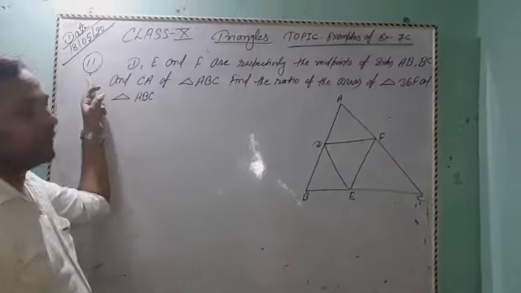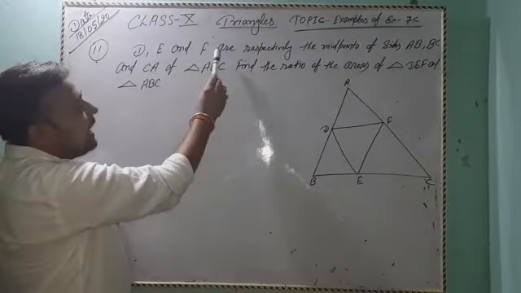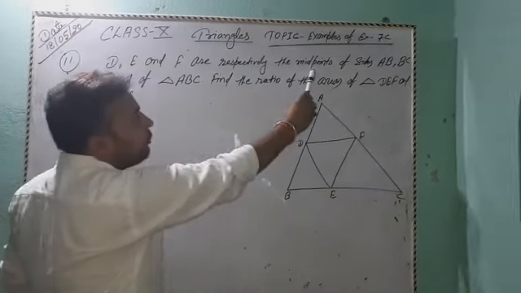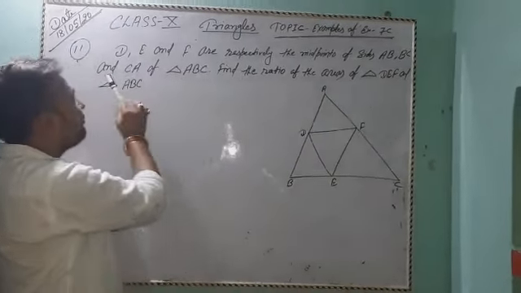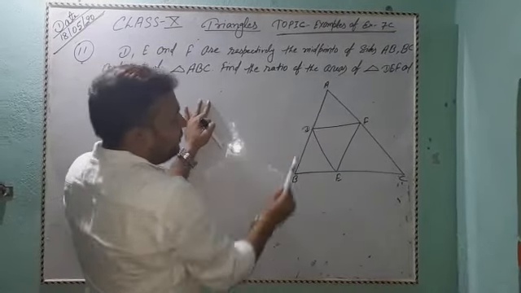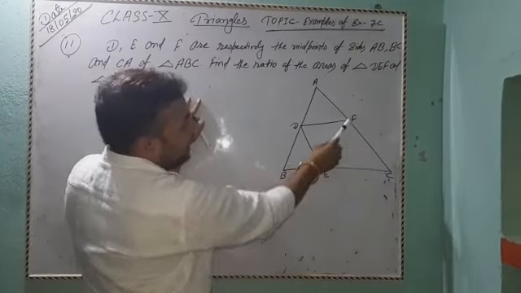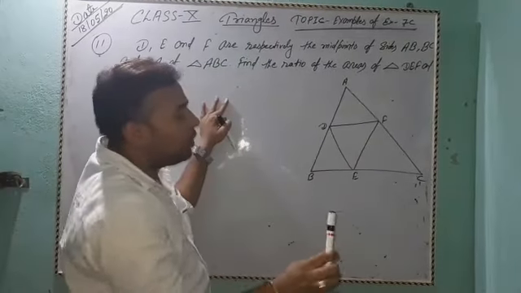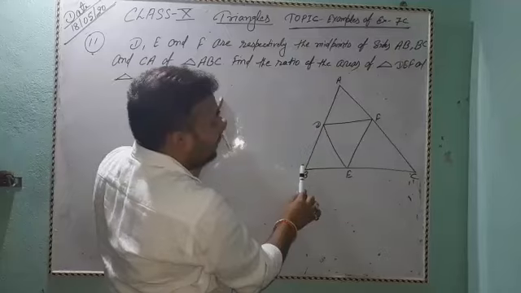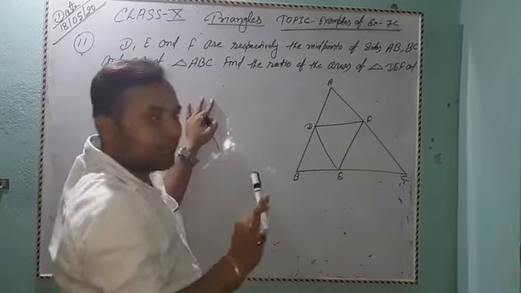So question number 11. D, E and F are respectively the midpoints of side AB, BC and CA of triangle ABC. A triangle ABC, okay. D, E and F are the midpoints of side AB, BC and CA respectively.